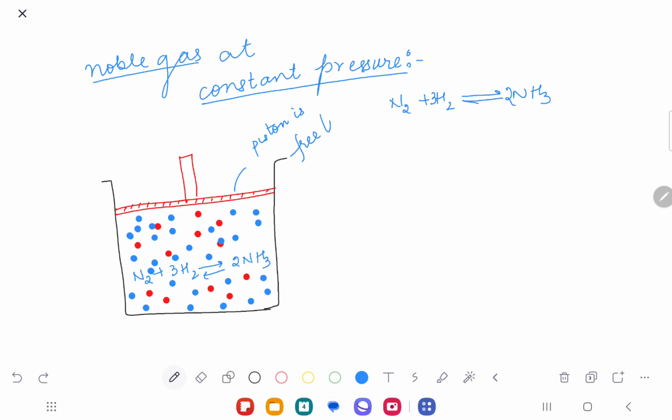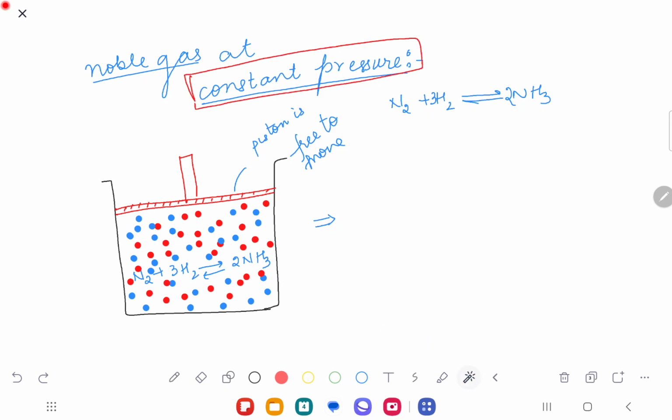And when this piston is free to move, the moment you add extra helium inside it, obviously the pressure inside the piston will rise. But the setting is at constant pressure, so the pressure should not change inside. We have increased the pressure because we have added helium.